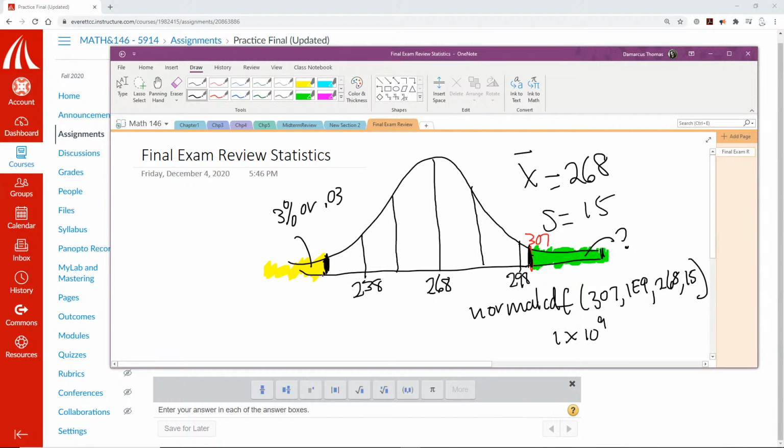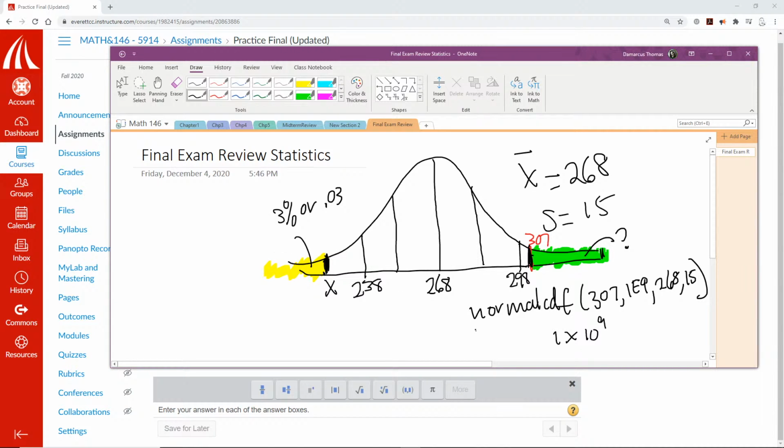The question is now, this is opposite of normal CDF. This time we actually have the proportion, and we don't know the bounds. We don't know this score. We know the lower bound is just some small number, but we need to figure out what value corresponds to the 3%.